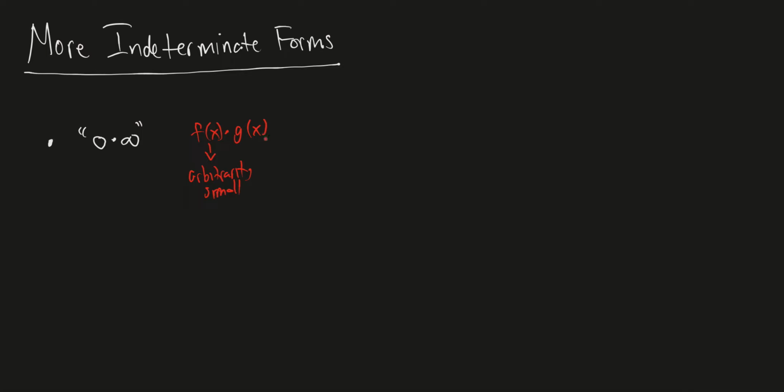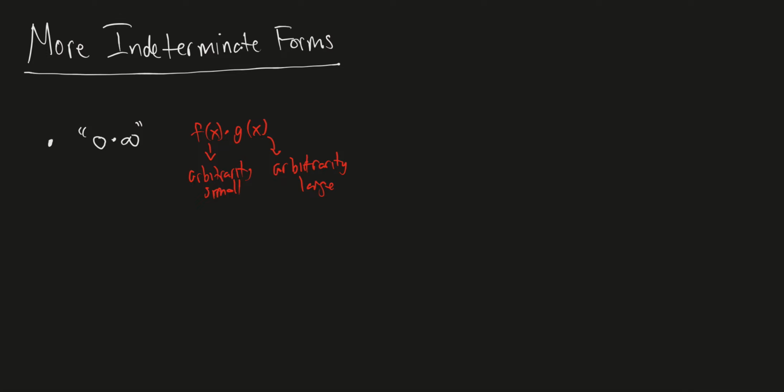And then the infinity, you'd have another factor that's getting arbitrarily large. So what happens when you multiply something that is getting very, very small by something that's getting very, very large? We don't know. The reason we don't know is because a lot of it has to do with the rate at which this thing is getting smaller and the rate at which this thing is getting large, right?